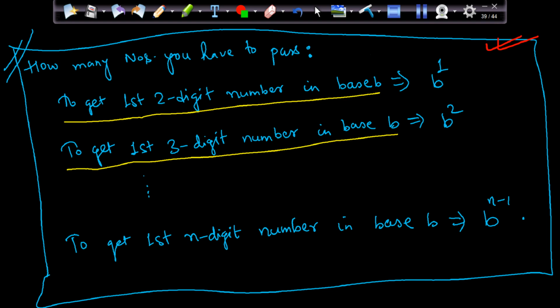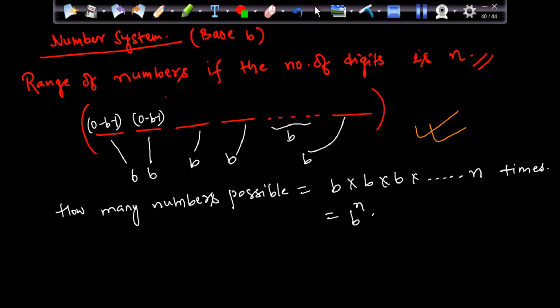Now in this video we have seen that a 2-digit number encompasses all those numbers that were there in 1-digit numbers, and all those numbers that you can represent using 2 digits only. So to get the first 3-digit number, you can say how many numbers are possible using 2 digits, and that is b square. So we have proved this observation once again using this approach.